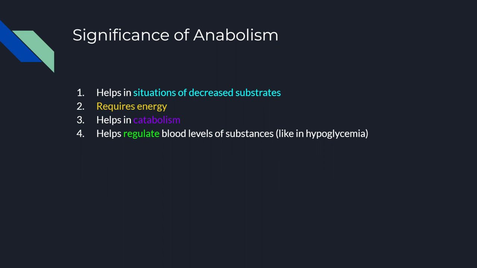Now the question is, if acetyl-CoA is formed, why do we need glucose again? Why does RBC need glucose? The RBC needs glucose for energy. The ultimate point of all of these catabolic reactions is energy. So to get that energy, it has to reproduce the same substrate again and then break the substance down again. This is how anabolism and catabolism are related.